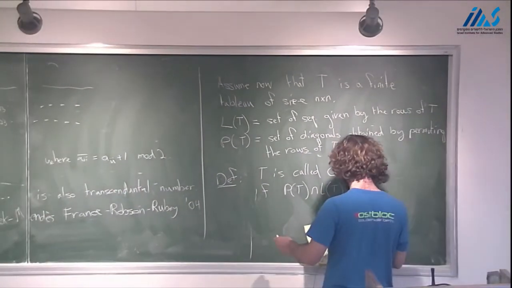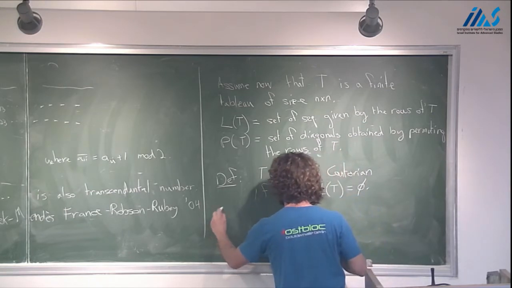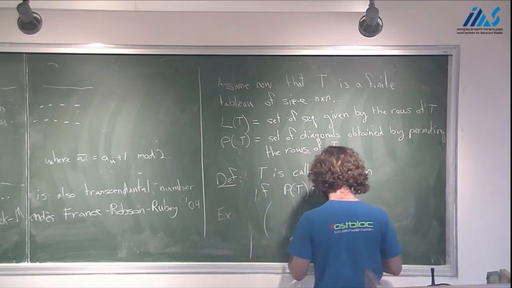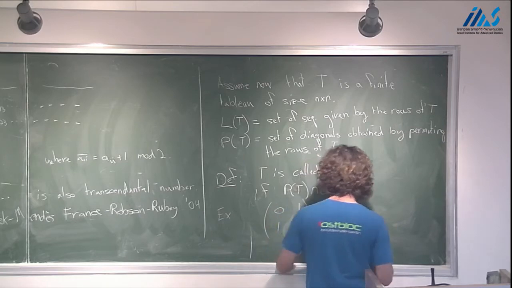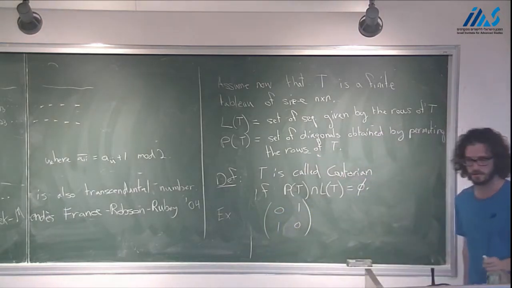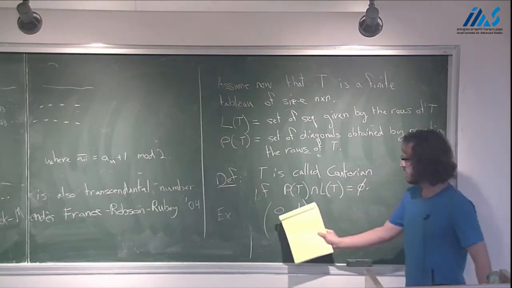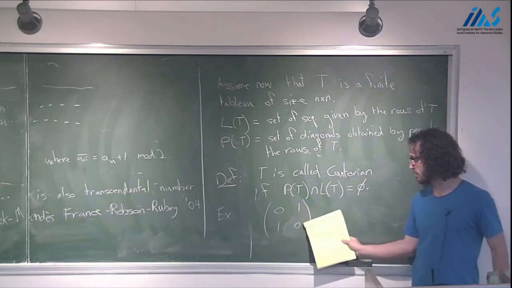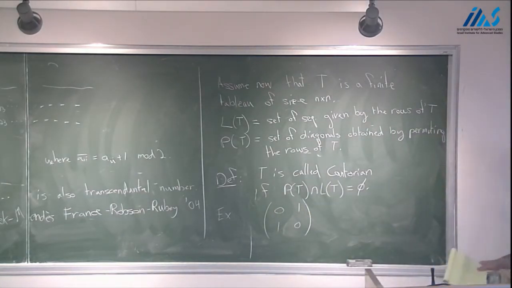Let's do an example. Two by two tableau first. Is this Cantorian? The set of rows is 0, 1 and 1, 0, and the diagonals are 0, 0 and 1, 1. Therefore, it's Cantorian.